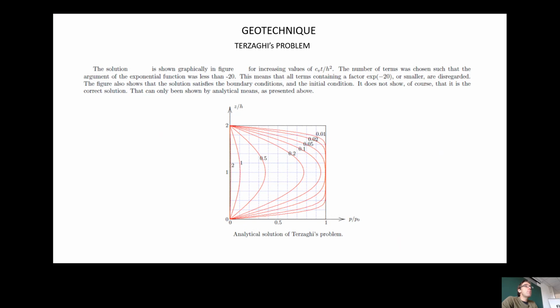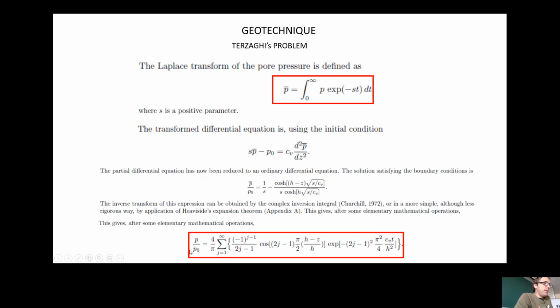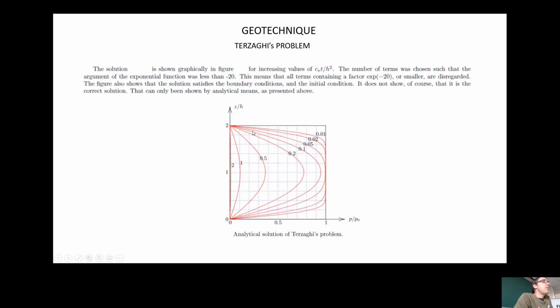That can only be shown by the analytical formulation that we presented before. But anyway, what is interesting is to see how P ratio P0, or these values, can be represented inside the height of the layer. So we can see here how the pressure increases in relation to P0.